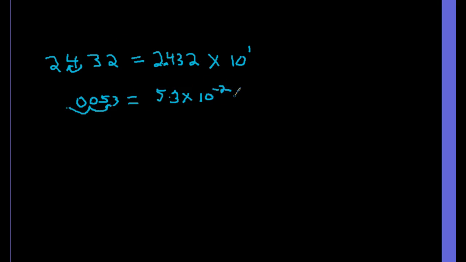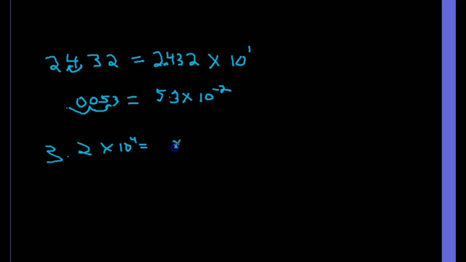Good. You could do this vice versa too. If you were given a problem in scientific notation and you wanted it in decimal, for example, let's say you had 3.2 times 10 to the 4th. How would you do that problem?